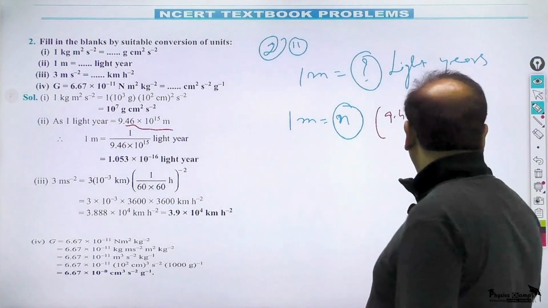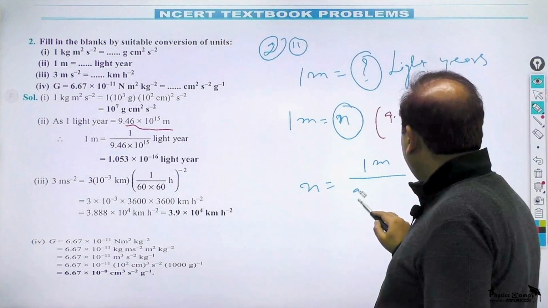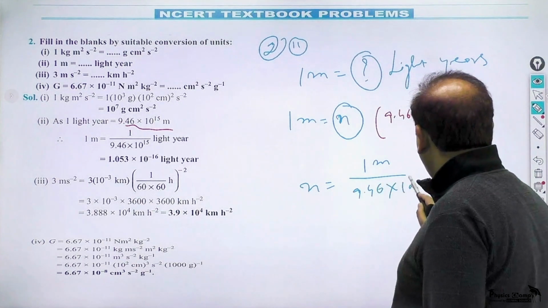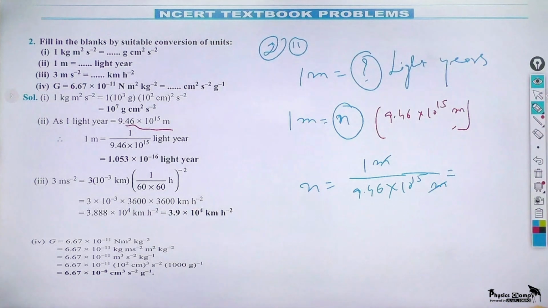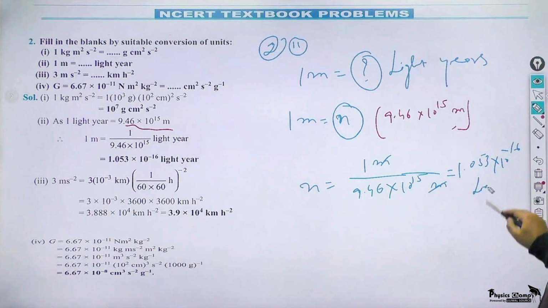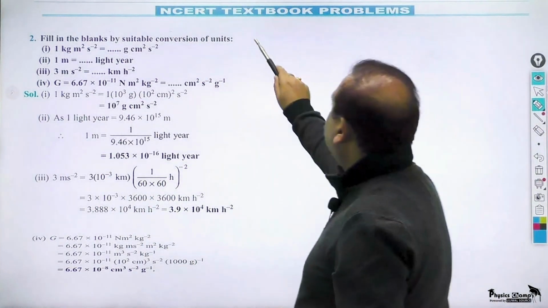So this numerical value n comes out to be 1 meter divided by 9.46 into 10 to the power 15 meter, and we will have it 1.053 into 10 to the power minus 16 light years.